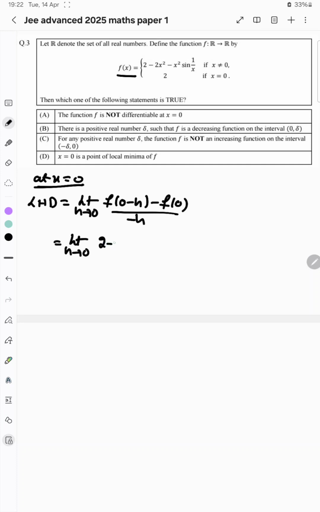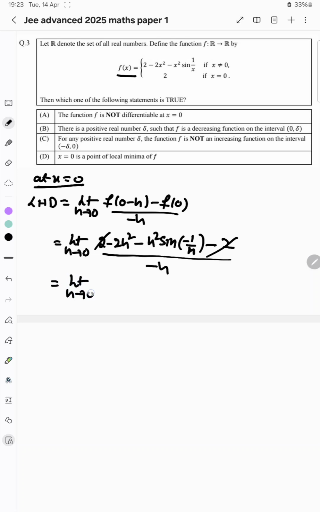See, 2 - 2h² - h² sin(-1/h), minus exactly the function value f(0) which is 2, divided by -h. Minus 2 plus 2 both are cancelled. Now we can take h common from this and strike out with the denominator.